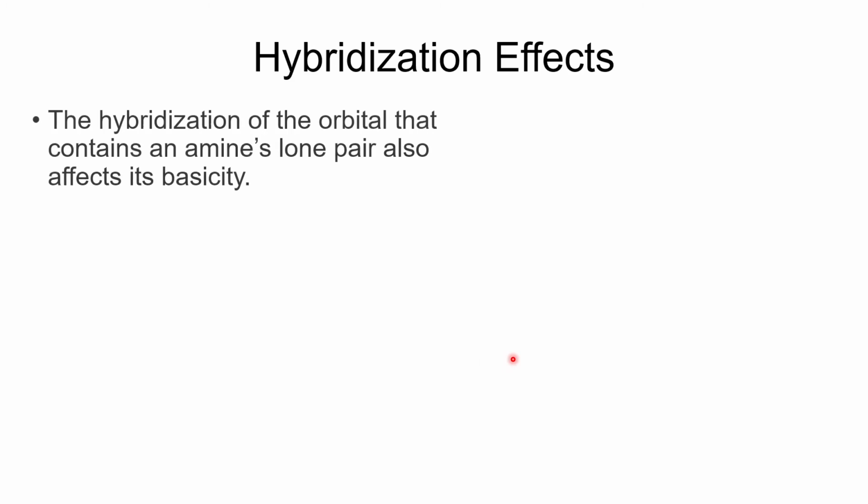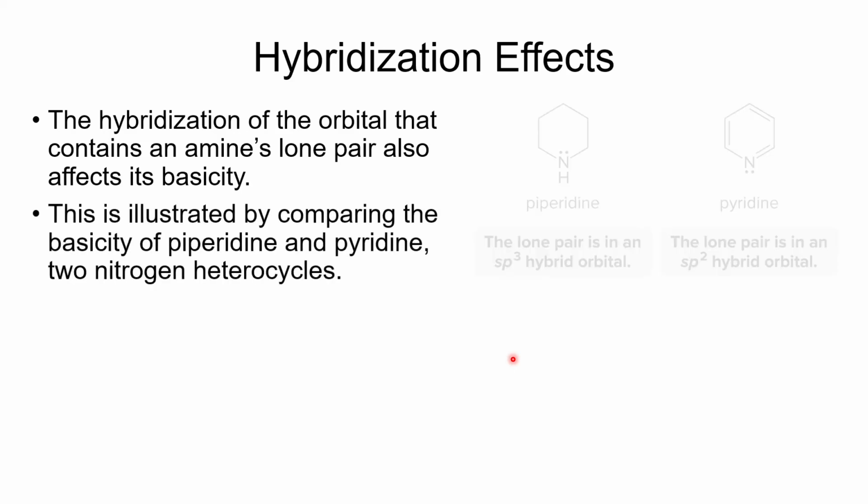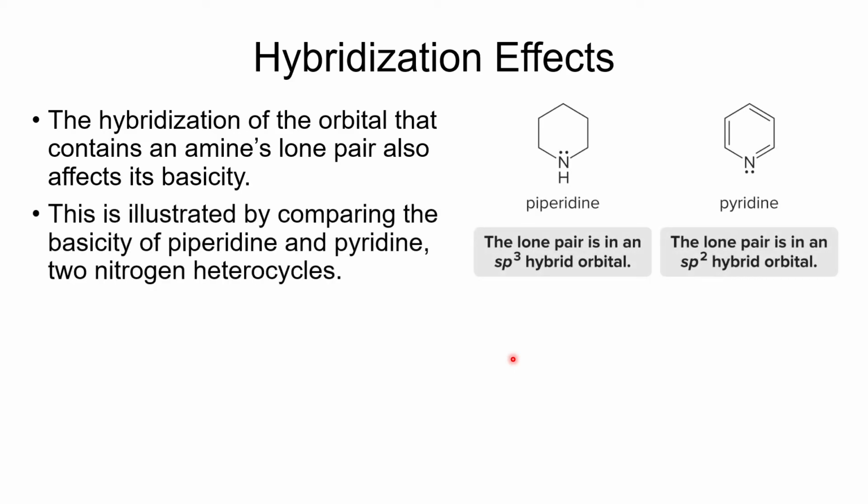All right, we also want to look at hybridization effects. What happens with hybridization effects? Let's compare the basicity of piperidine with pyridine. Here, this lone pair of electrons is in an sp3 hybridized orbital.